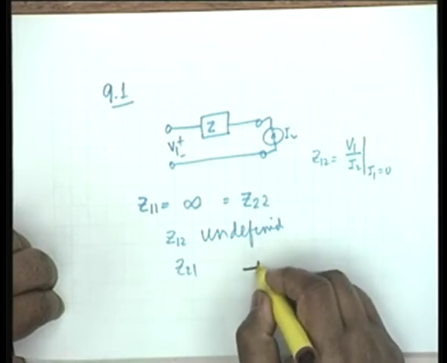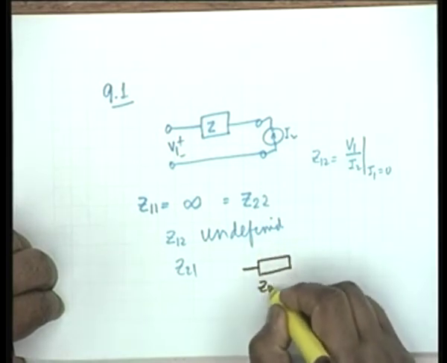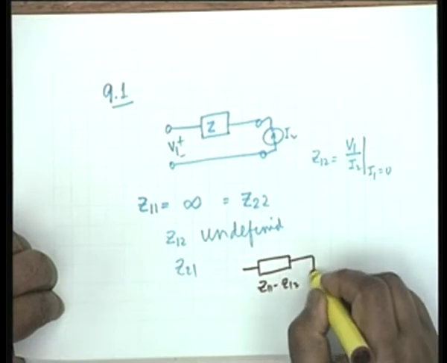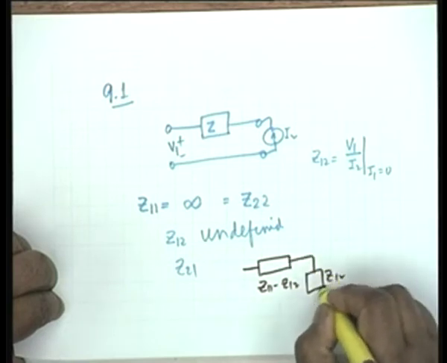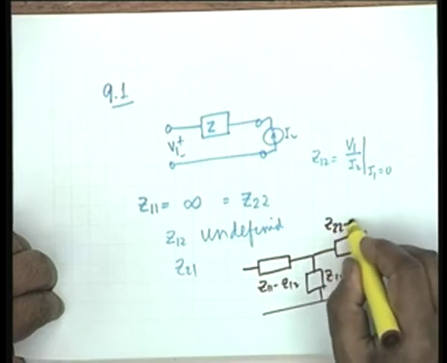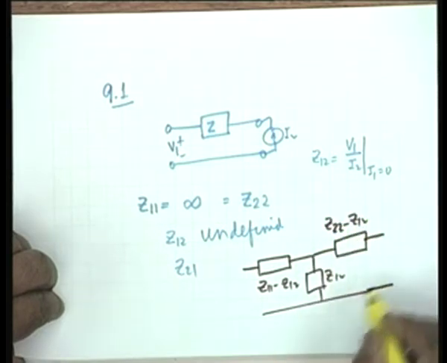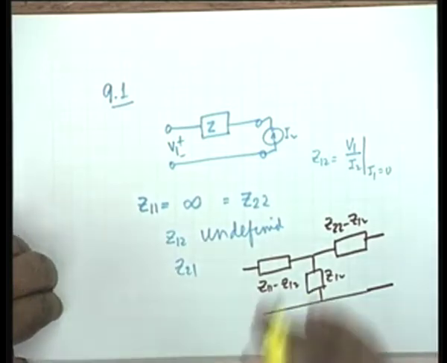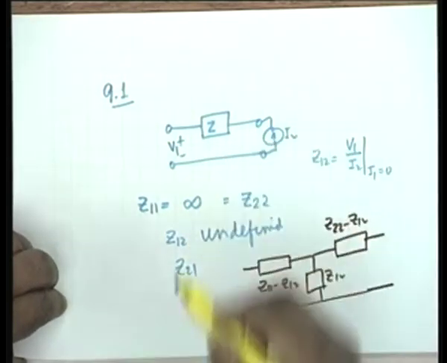What is the T equivalent circuit in terms of Z parameters? Z11 minus Z12, Z12 and Z22 minus Z12. Remember this and compare with this.